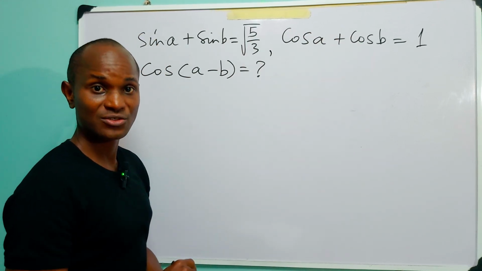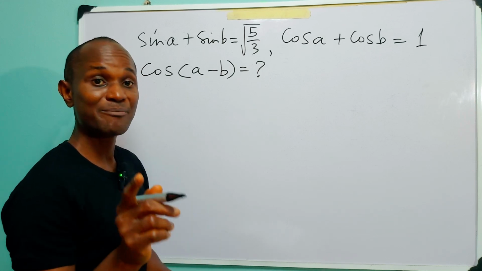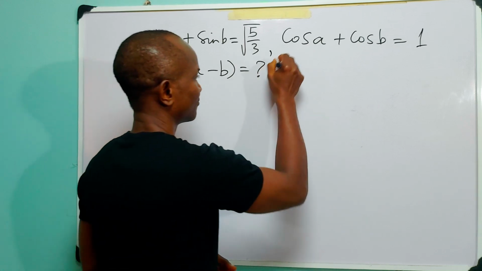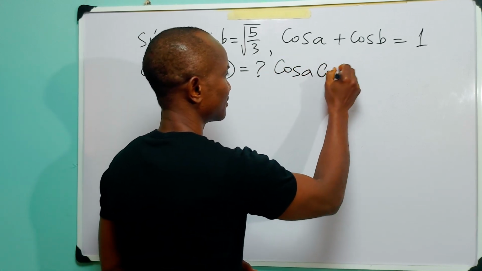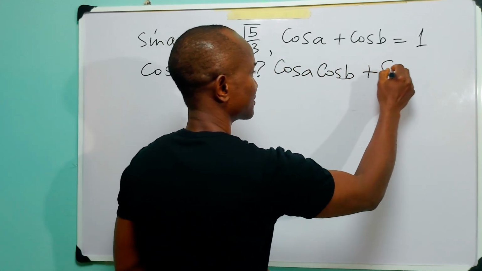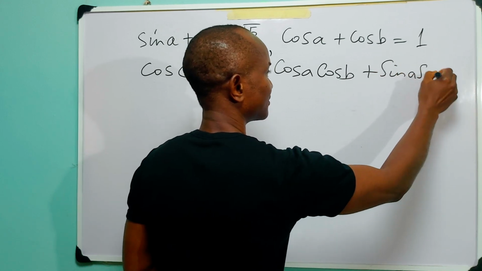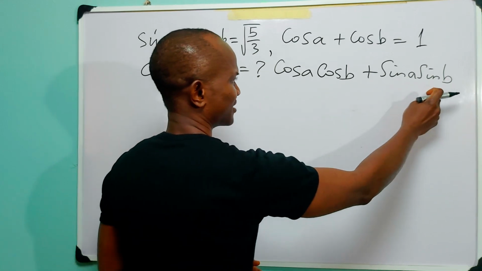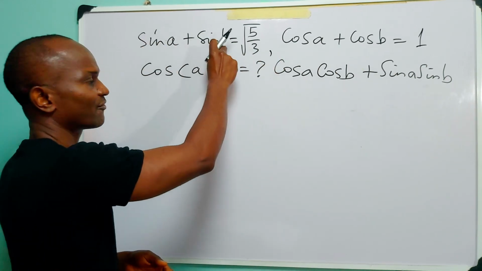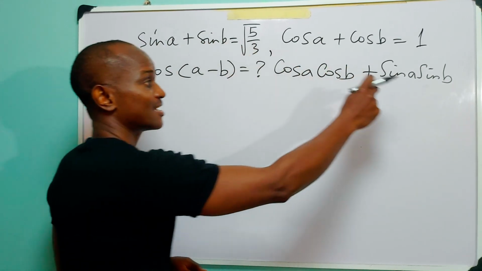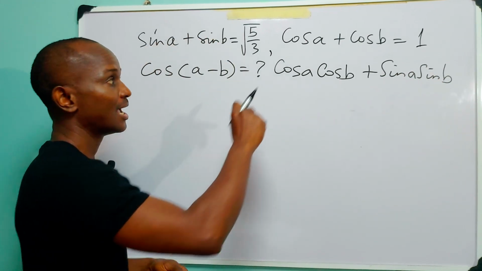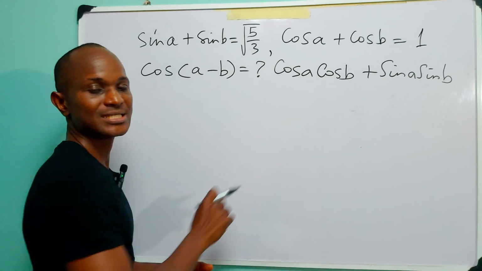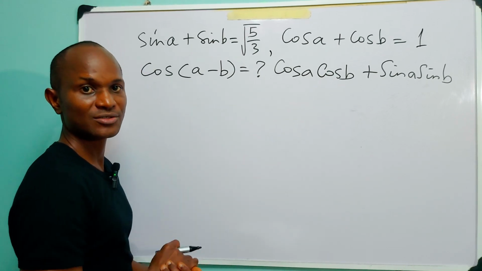And the answer to that question might be a bit clearer if we remember that we can expand cos(A minus B) as cos A cos B plus sin A sin B. Now, with this expansion, we can see that if we square the first equation, we will get a term in sin A sin B. And if we square the second equation, we will get a term in cos A cos B. So let us do that.